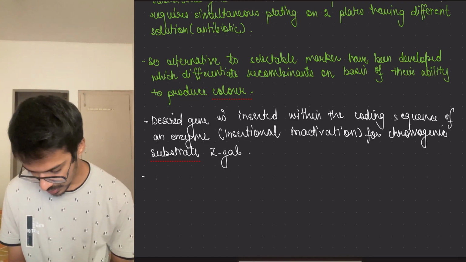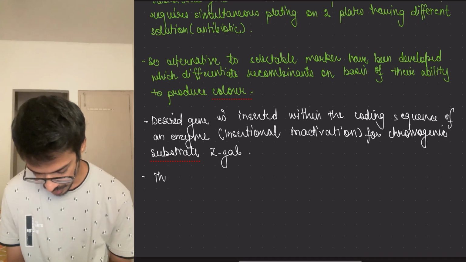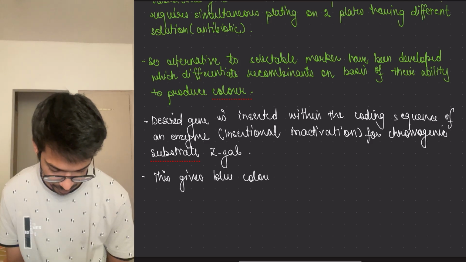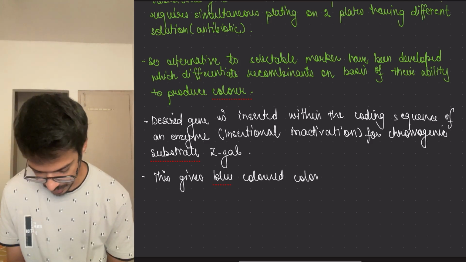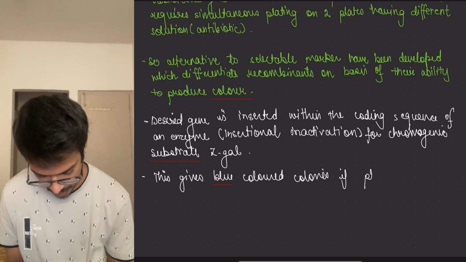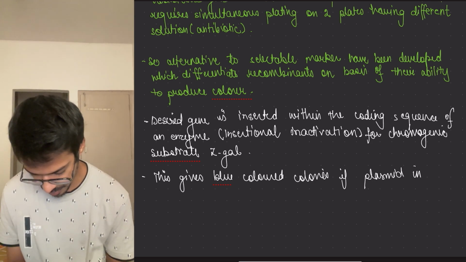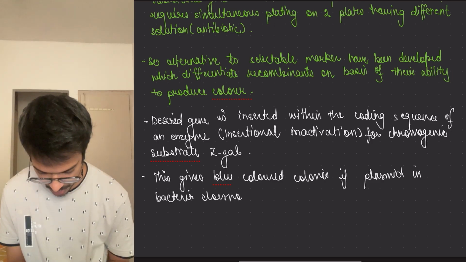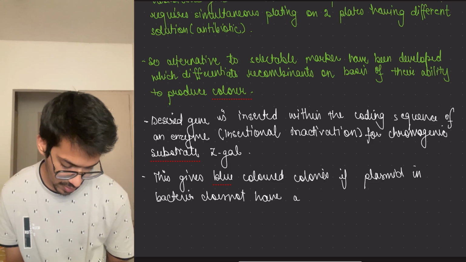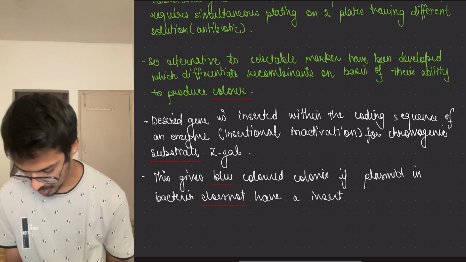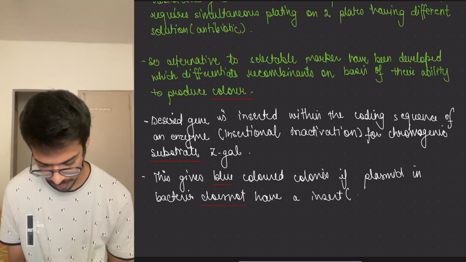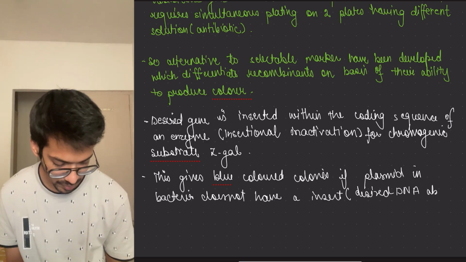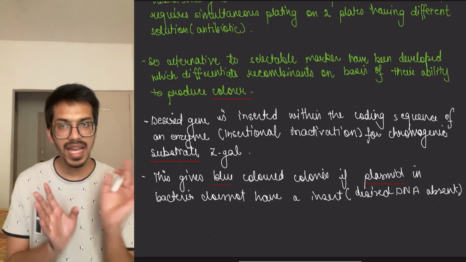Now this gives blue colored colonies if the plasmid in the bacteria does not have an insert. It means the desired DNA is absent, because that has not taken the ligation.